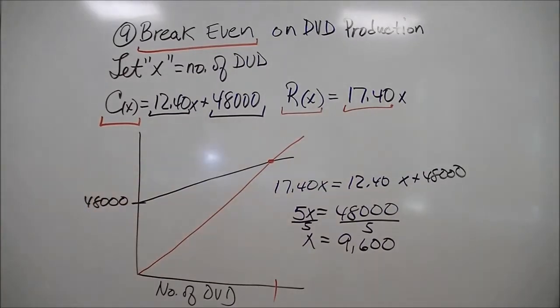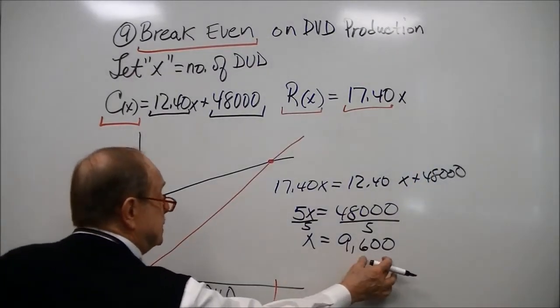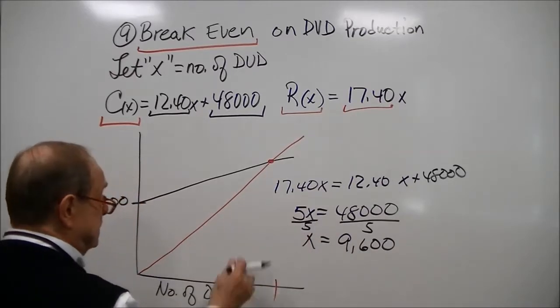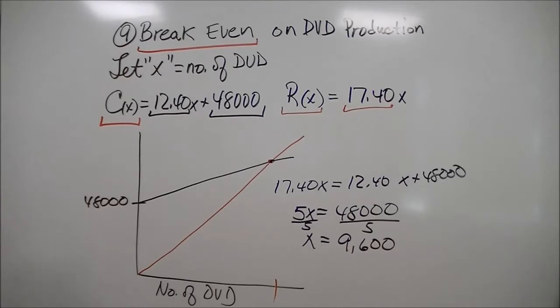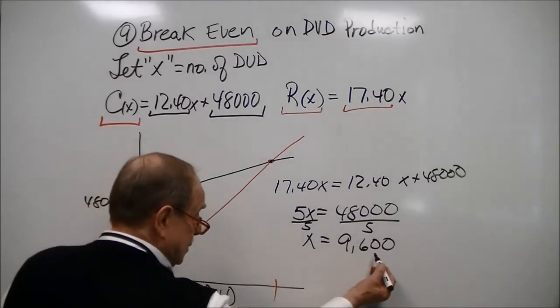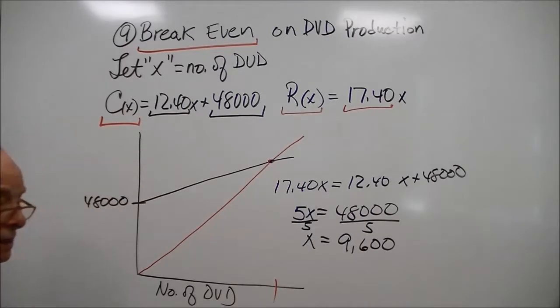Now, what does that mean? Well, it means that I would sell 9,600 DVDs at that spot right there. That is my break-even spot. So if I sell one more than that, that's going to bring me a little bit higher than my cost, and I've made a profit.